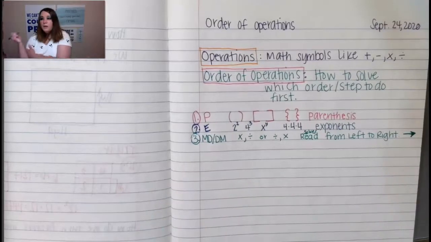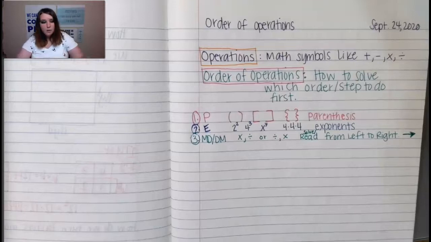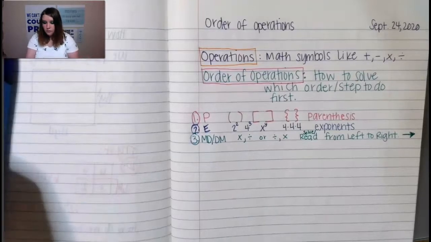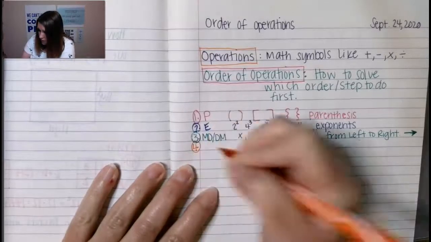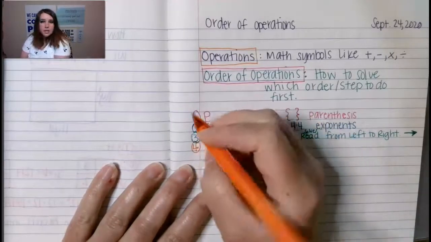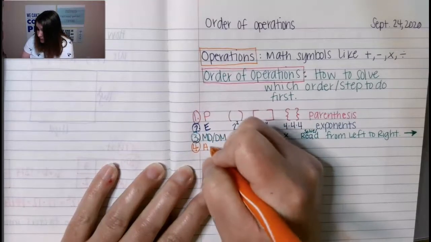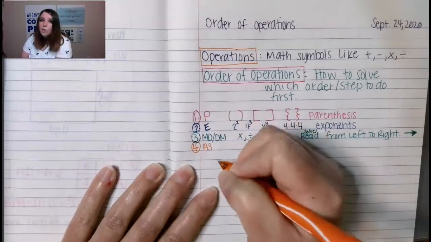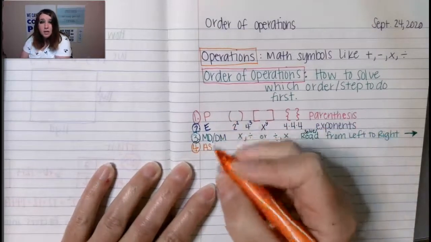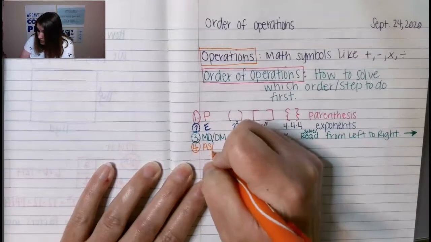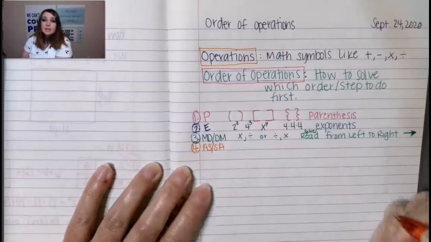Okay. Now the next step is step number 4. Okay, and step number 4 is all about addition and subtraction. So addition and subtraction, or it can come the other way around, just like multiplication and division. So it can go subtraction and addition, just like this one.